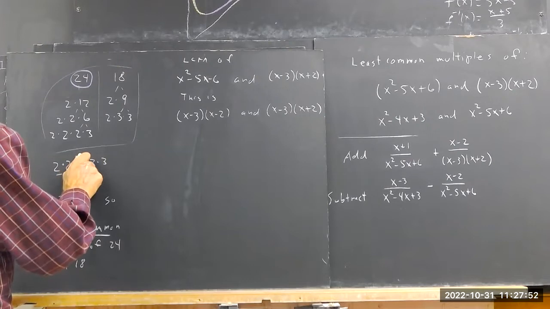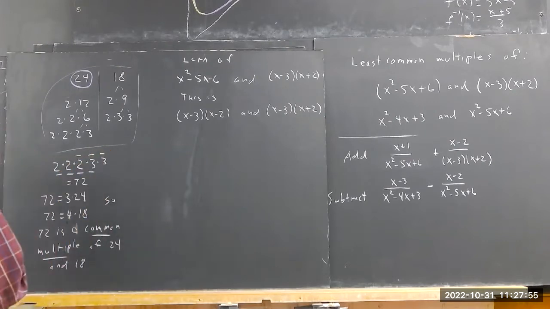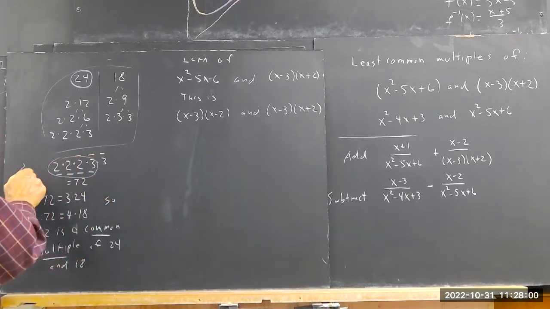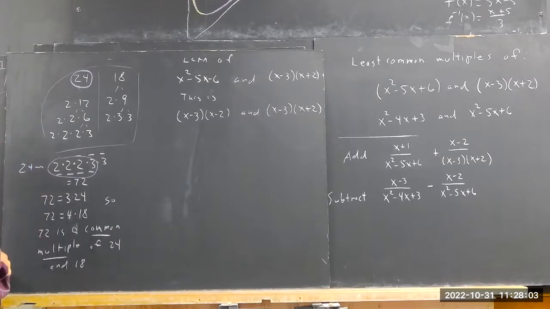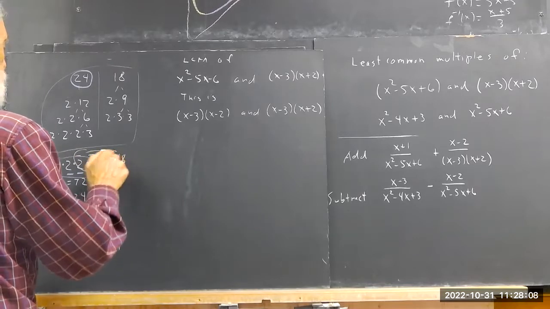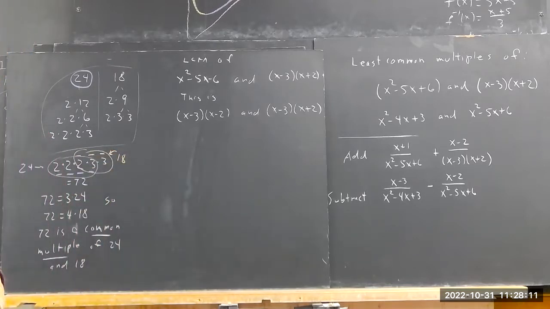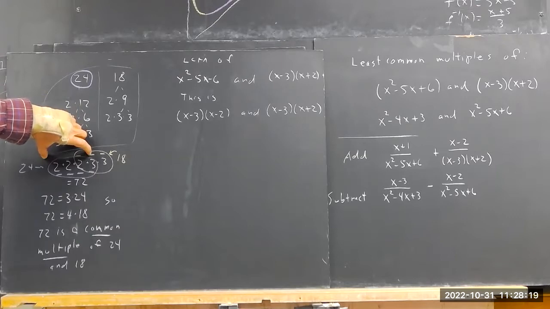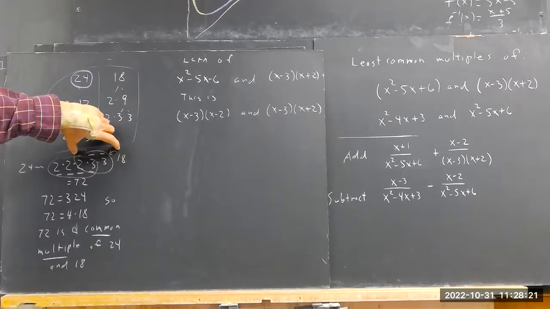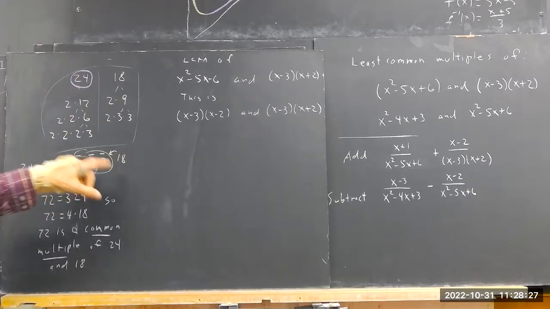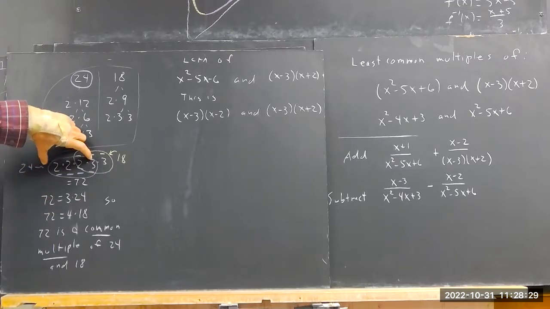Well, we've got 2 times 2 times 2 times 3, and 2 times 3 times 3. So right here is 24 in purple. Right here is 18 in yellow. So this number is 72, and it contains 24, and it contains 18. Not only that, but I know this number is 3 times 24, because there's 24 times 3.